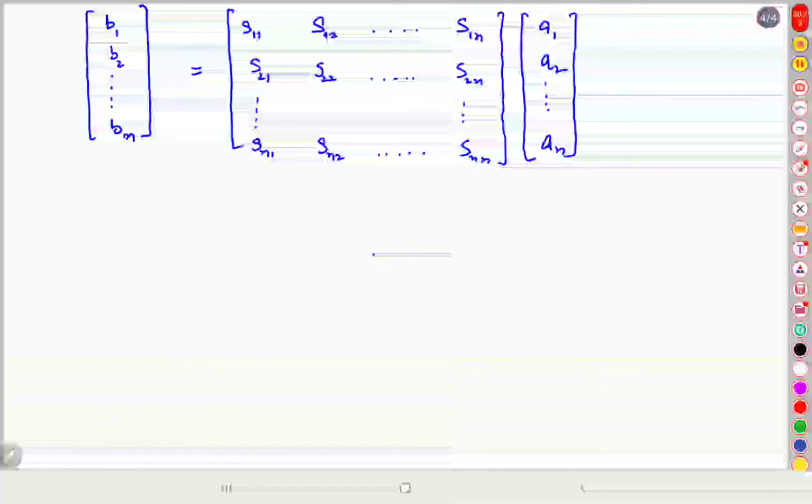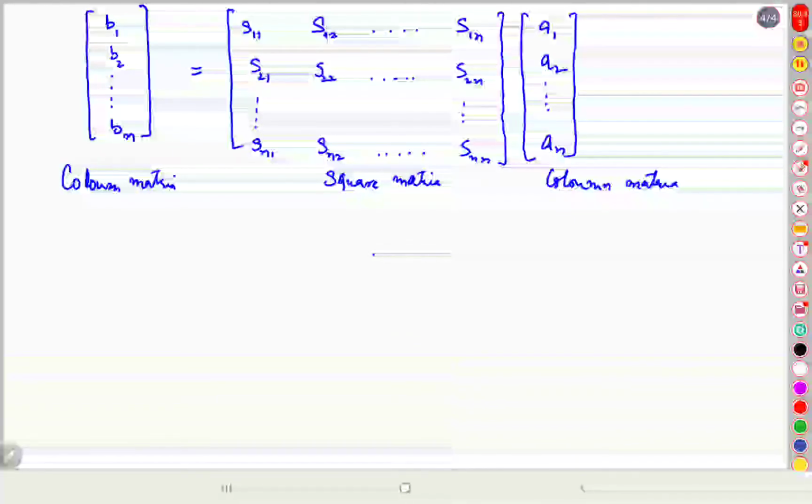So this is basically a column matrix. This is again a column matrix. And we have a square matrix, which is nothing but the scattering matrix of order n cross n.